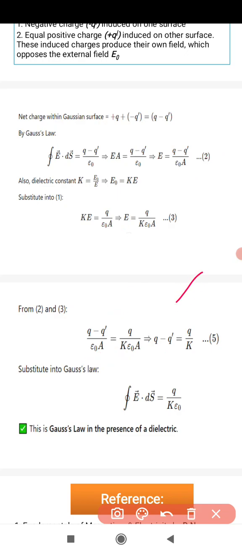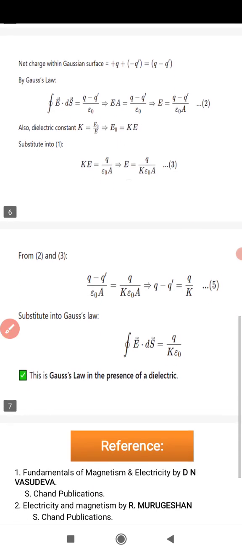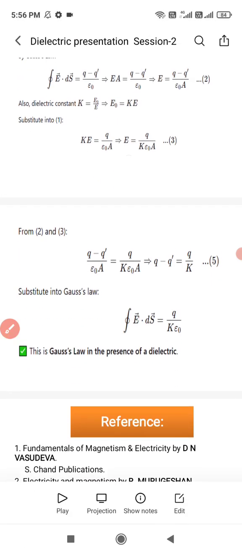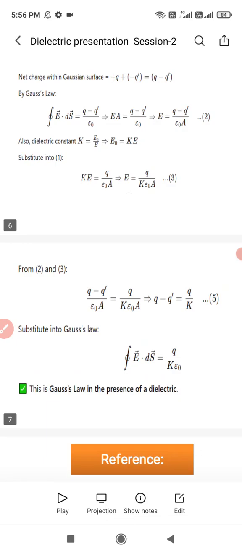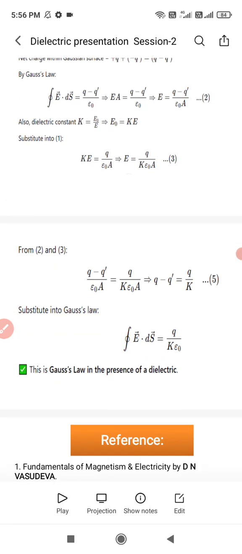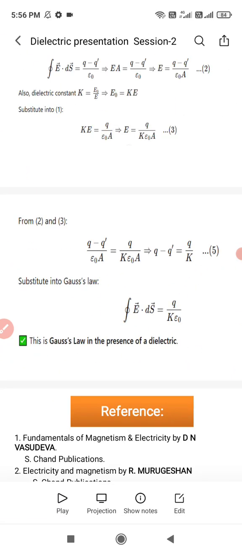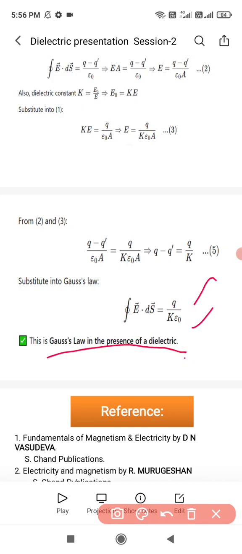Finally we get Q minus Q dash equals Q divided by K. Substituting this value into Gauss law, we get the integral of the electric field flux over the surface equals Q divided by K into epsilon naught. This is known as Gauss law in the presence of the dielectric.